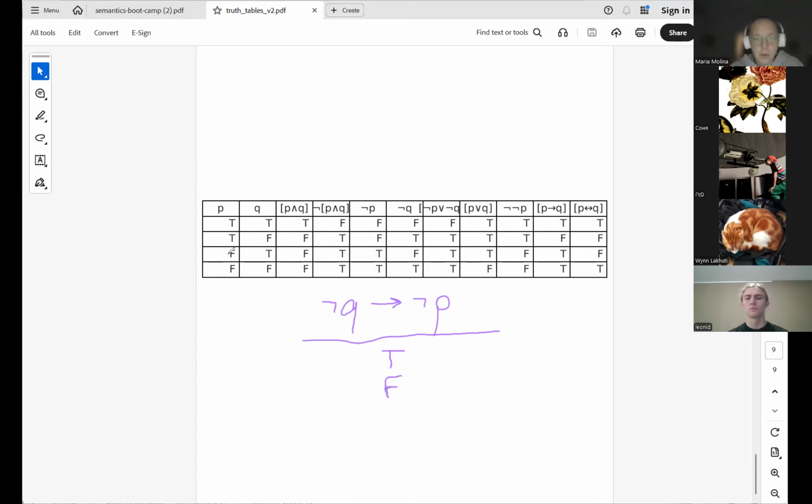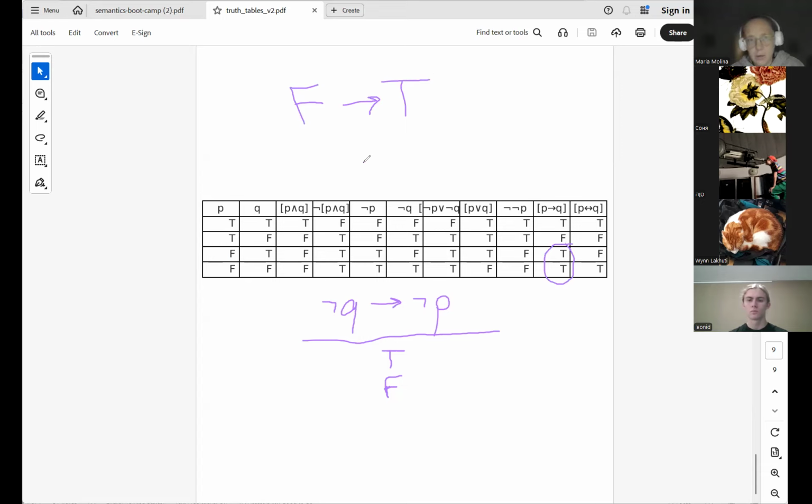If P is false and Q is true, then we get false to true. And when we have a conditional false to true, it always renders true, because it doesn't make sense.